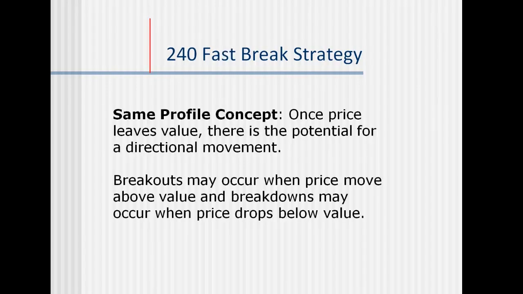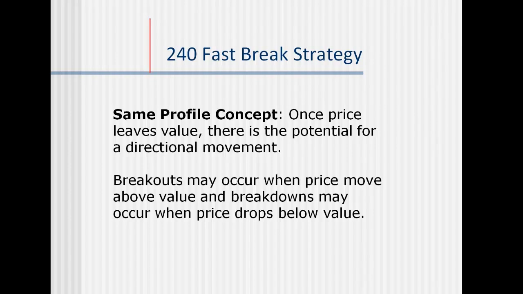We're going to employ the same concept that we used earlier in this strategy, meaning once price leaves value, there is a potential for a directional move. Now, the direction could in fact be away from value, or the direction could be back towards value.